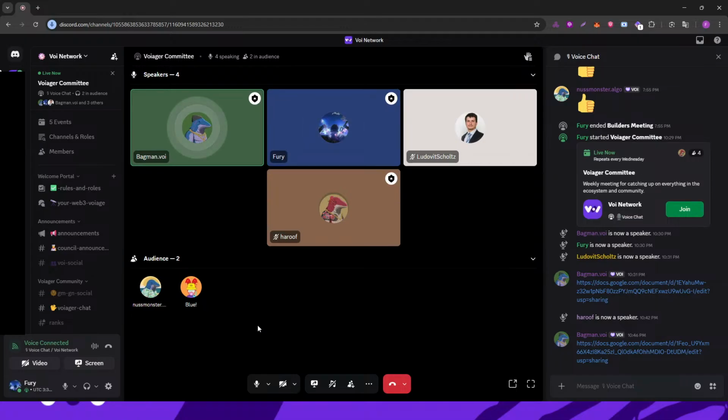This is not a proposal saying that the Voy Council or the Voy Foundation have to use this. It's just a policy update saying that the Voy Council is allowed to use these types of platforms and use their best judgment on how they want to go about using them.